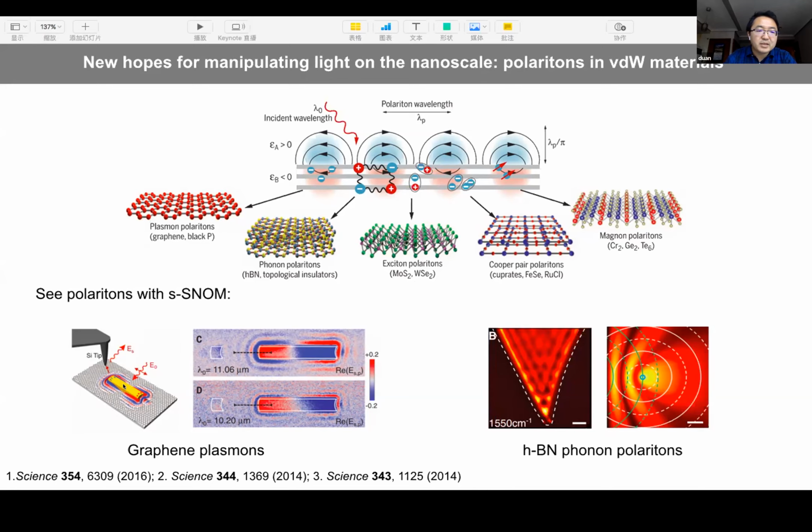In this experiment, we put a resonant gold antenna on top of the graphene, and then approach the AFM tip quite close to the sample. We can detect the near-field signal and see the wavefronts of graphene plasmons launched by the gold antenna. Or scientists can use the AFM tip as a launcher to launch phonon polaritons in boron nitride. We can map the fringes parallel to the edge of the boron nitride coming from the phonon polaritons.